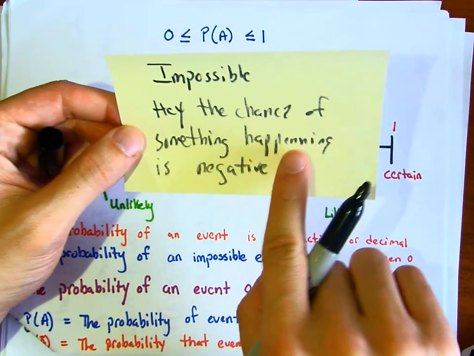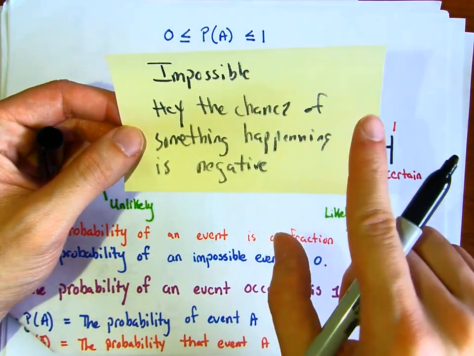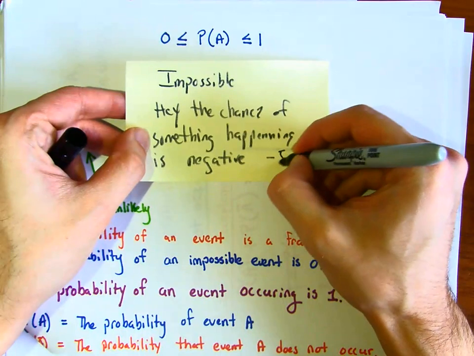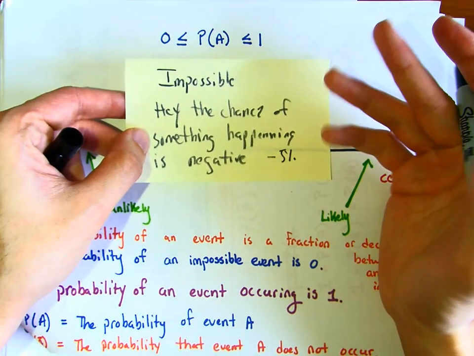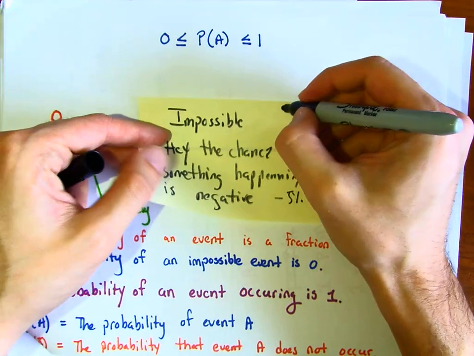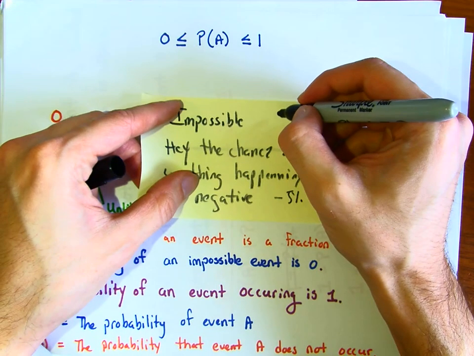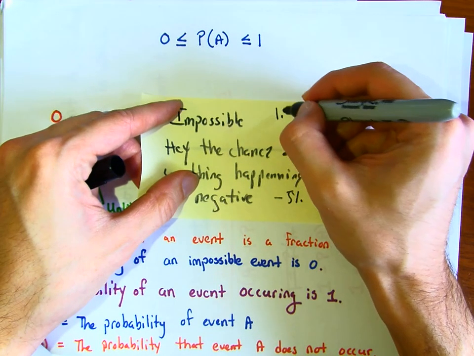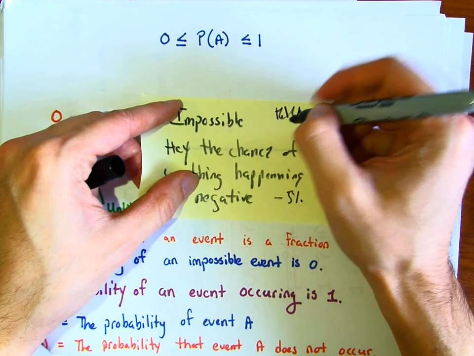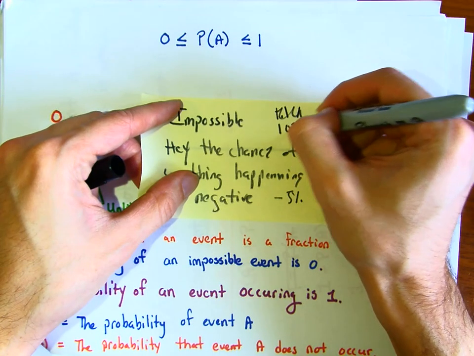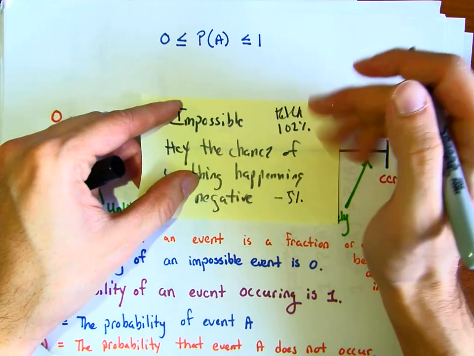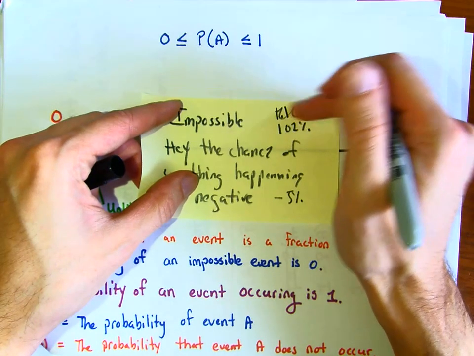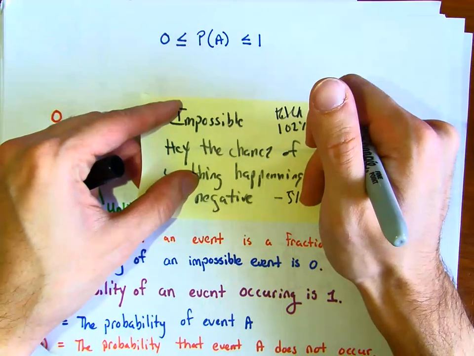Can you think of any example in the real world where you say, hey, there is a negative 5% chance of this happening? It doesn't make sense. Or can you find a probability where you say, hey, there is a 102% chance of something happening? That doesn't make sense. You cannot think of a real world example where this occurs or this occurs.